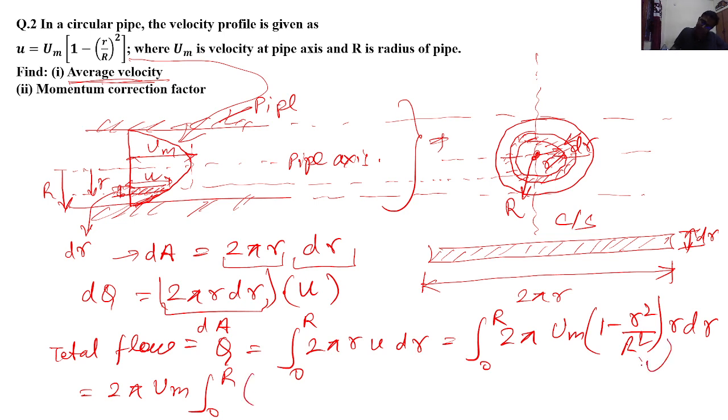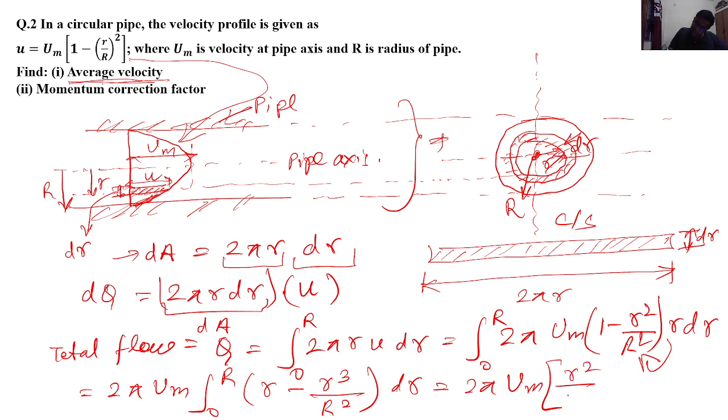Just multiply this term into the terms inside the bracket: (r minus r cube by R square) dr, which is 2 pi Um times, integrating this term, r will be integrated to r square by 2, and r cube by R square will be integrated to r power 4 by 4 R square, with 0 to R as the limits.